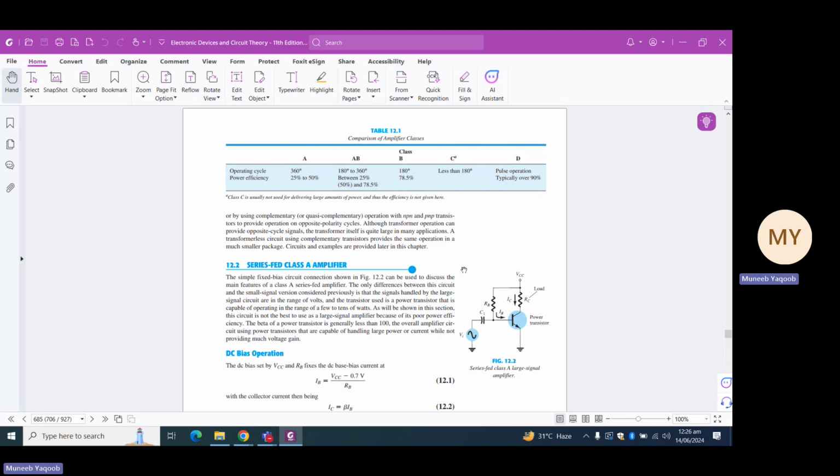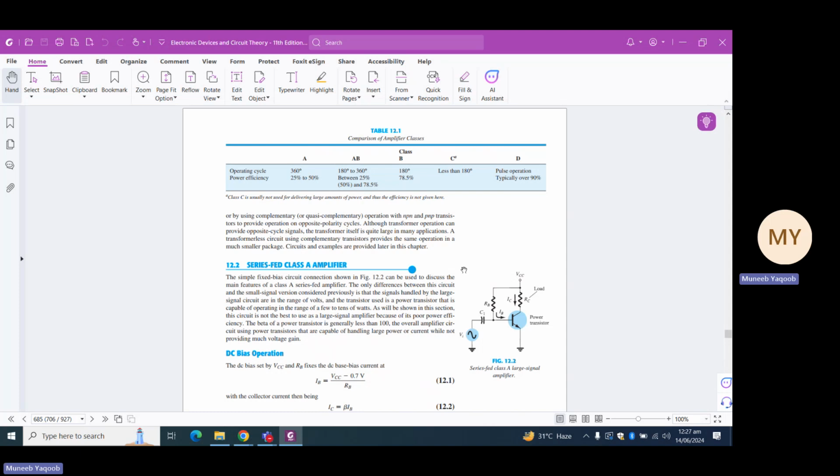Now, how can we identify the efficiency of a power amplifier and how can we calculate it? It is a very simple thing to understand.